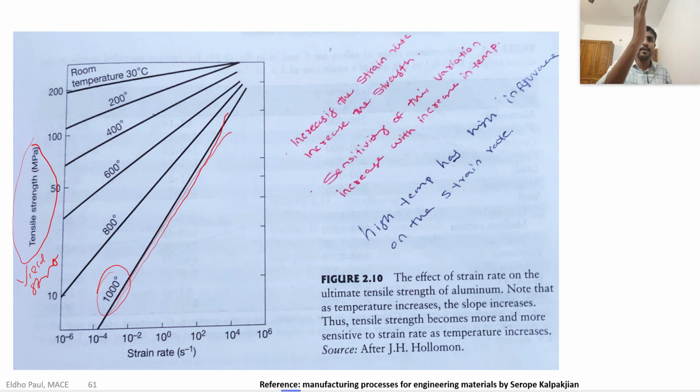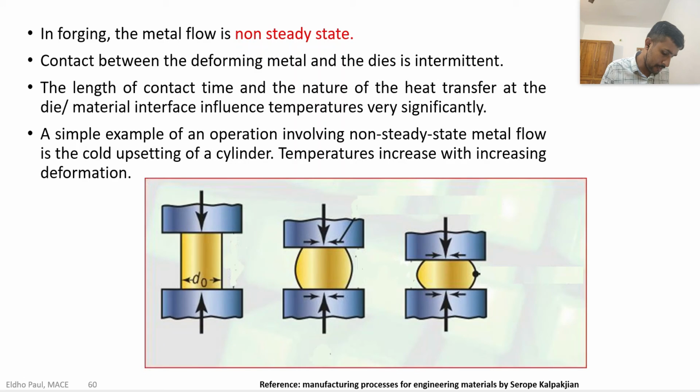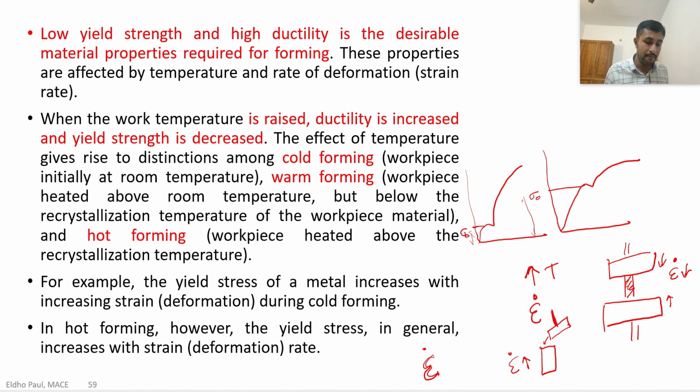It's a steep variation. So higher temperature is the main agent which makes the strain rate influence the yield strength of the material. But here we can see the low temperature, 30 degrees Celsius. When we increase the strain rate, it has a low effect on the yield strength of the material. So that is another factor: temperature affects the strain rate effect, and strain rate affects the yield strength of the material.